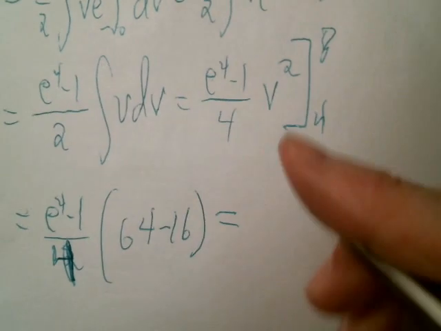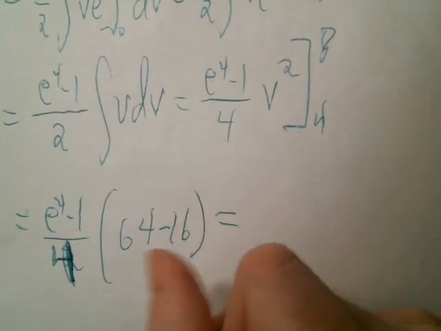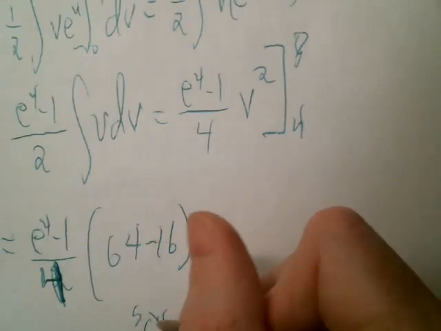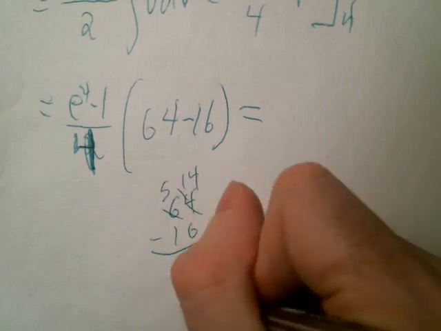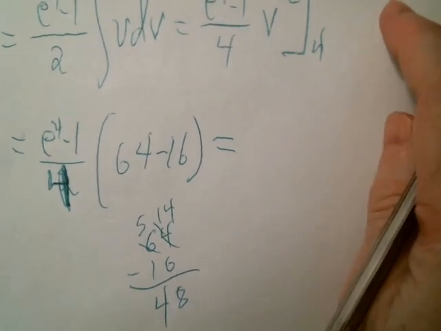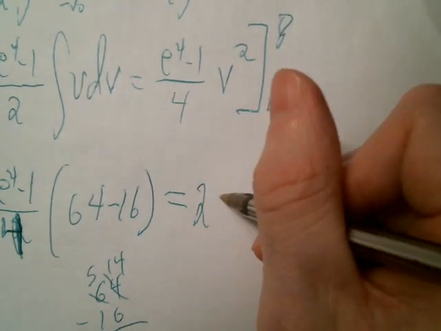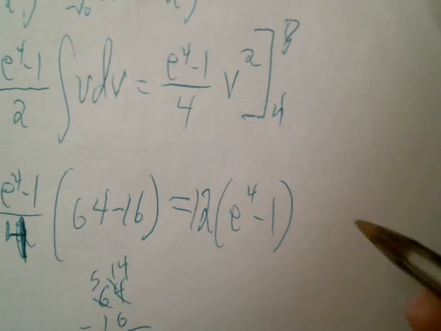That screws it up. And then 64 minus 16, what do we get? 48, divided by this 4 would just be 12. So it would be 12 times (e to the 4th minus 1). That's it.